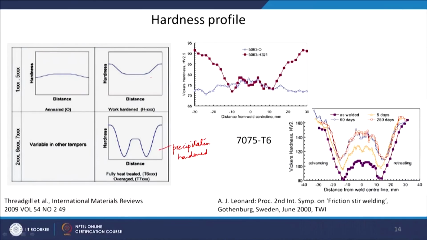So, this is what we call work hardening. So, if you have work hardened material, okay, there also the strength or hardness of the material will come down in the process zone because of the removal of these dislocations through recovery and recrystallization processes. Okay. So, again hardness is coming down.